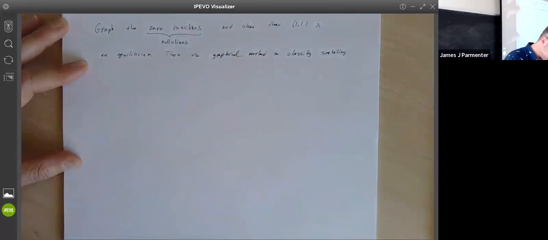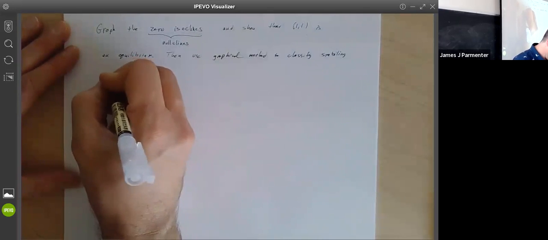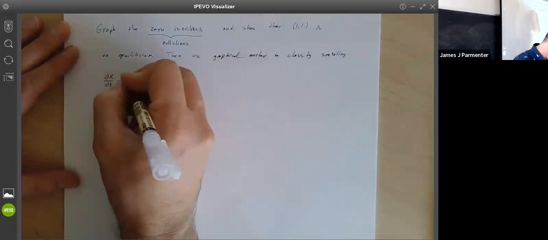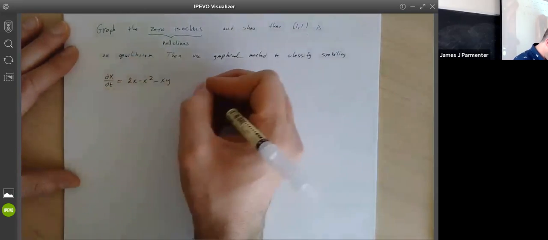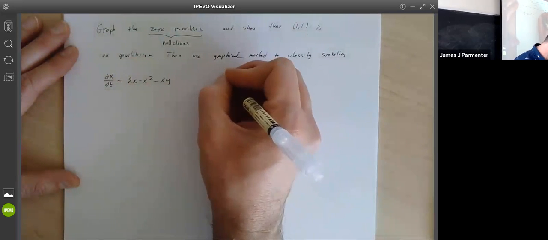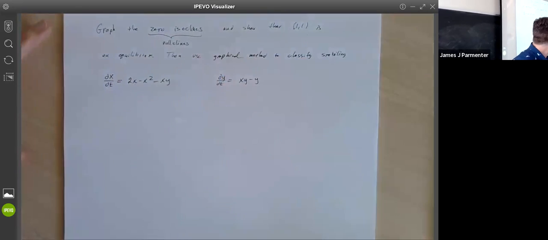Okay, so here's our system of differential equations. We have dx dt equal to 2x minus x squared minus xy, and we have dy dt equal to xy minus y.